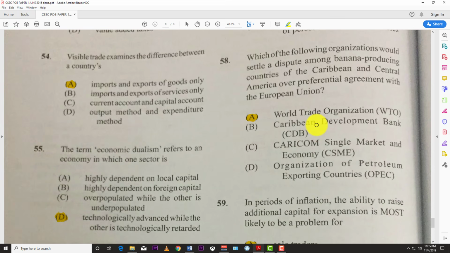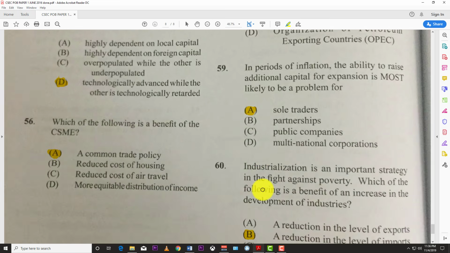58, which of the following organizations would settle a dispute among banana producing countries of the Caribbean and Central America over preferential agreement with the European Union? Look at all these things involved: Caribbean, Central America, Europe. So of course the best answer is the World Trade Organization. 59, in periods of inflation, that's when prices are going high, the ability to raise additional capital for expansion is most likely to be a problem for, and the best answer is the sole trader.